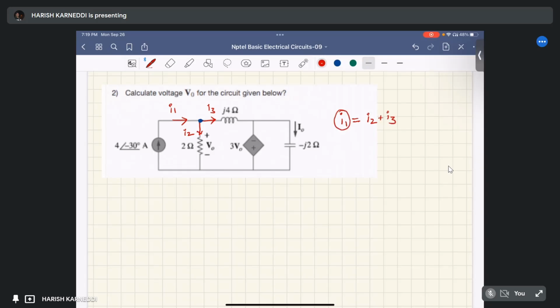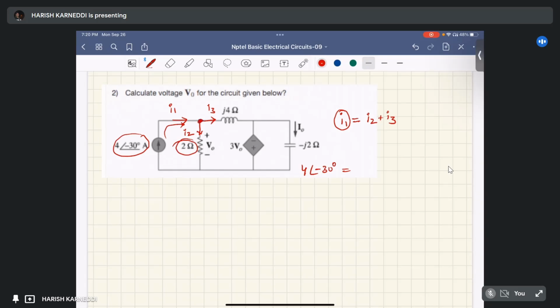I1 is the current which is the same as this current source current. Why? Because these two are in series. So I1 is 4 at an angle of minus 30 degrees. What about I2? I2 is the current flowing through this 2 ohm resistor.